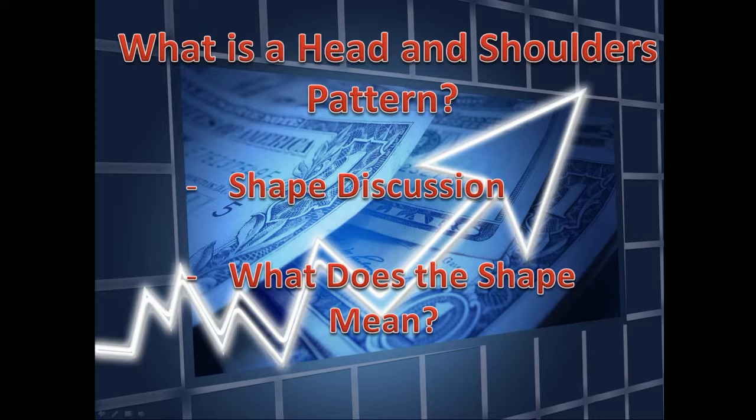Then that basically means that the bulls were able to push it up a little while to make the first shoulder. Then the bulls rallied aggressively and pushed it up higher than the previous high, but the market fell back down all the way to the support line that it had touched on before, whenever it first started or rejected off of.